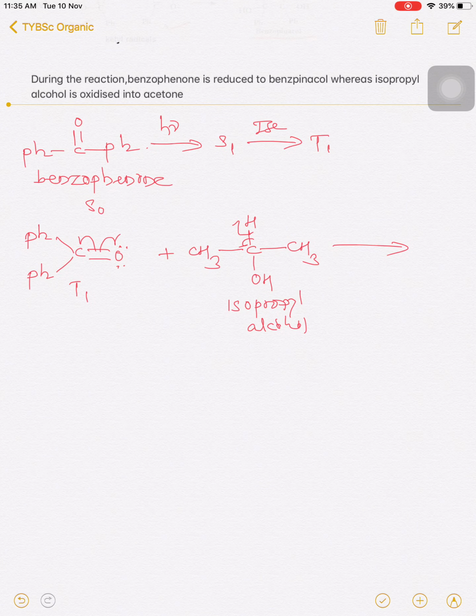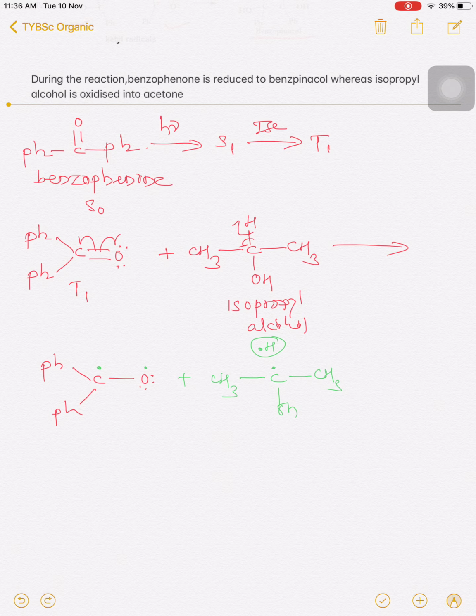Ph, the oxygen already has 2 lone pairs of electrons. Due to the splitting of the carbonyl group, this carbon bears a radical and the oxygen also bears a radical. Due to the splitting of this hydrogen from the isopropyl alcohol, I will write this as H radical, carbon radical, OH, CH3. This hydrogen radical shifts to this oxygen.